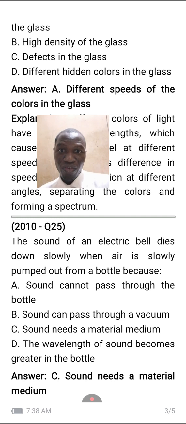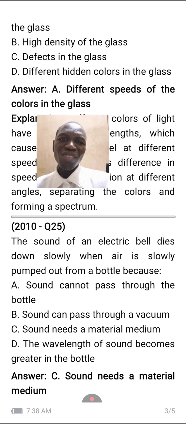Now, in your room, for example, if they remove all the air and tightly close everywhere, even if they are hitting drums very close to you, do you know that you cannot hear it? So sound cannot travel in a vacuum. It needs a material medium.